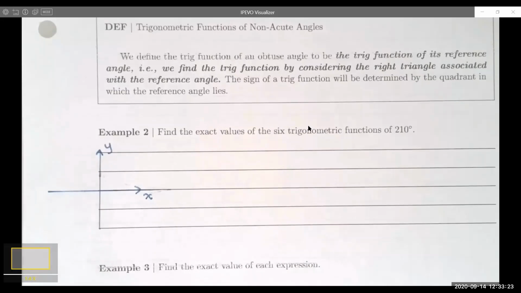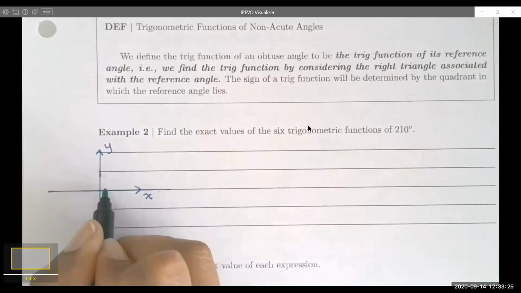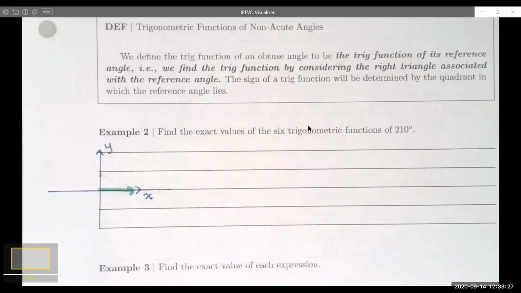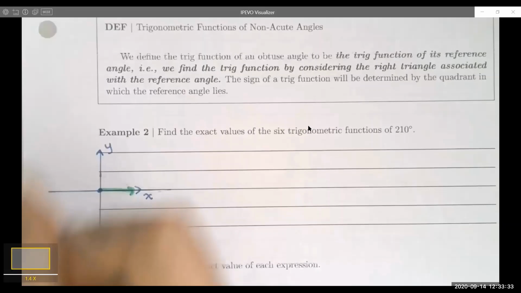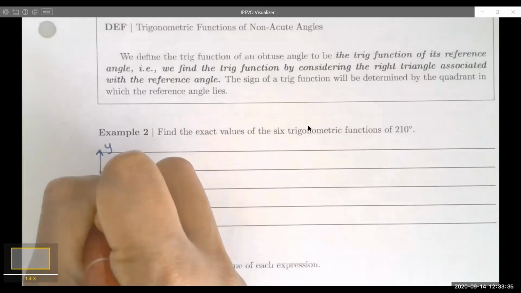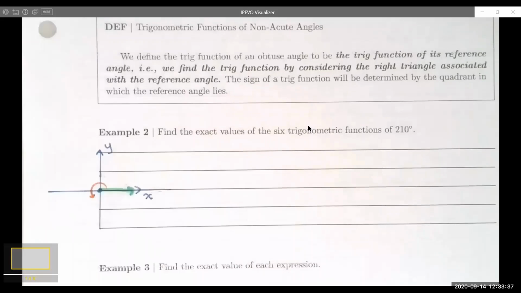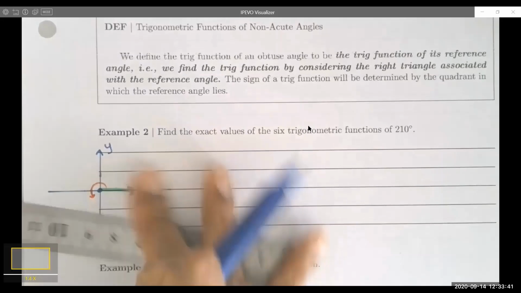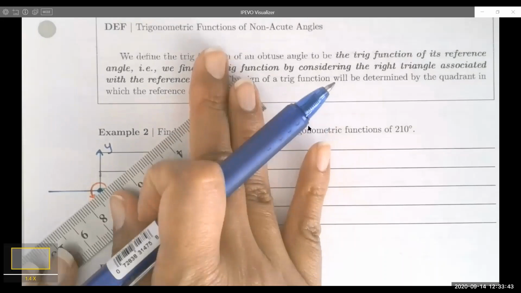So initial side on positive x-axis. And the angle is 210, which means that it's going to open past the 180 and go on to quadrant number 3. We'll have a terminal side here.